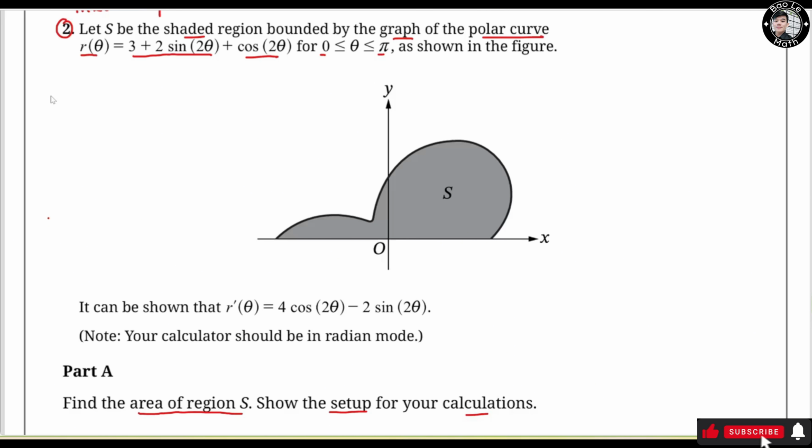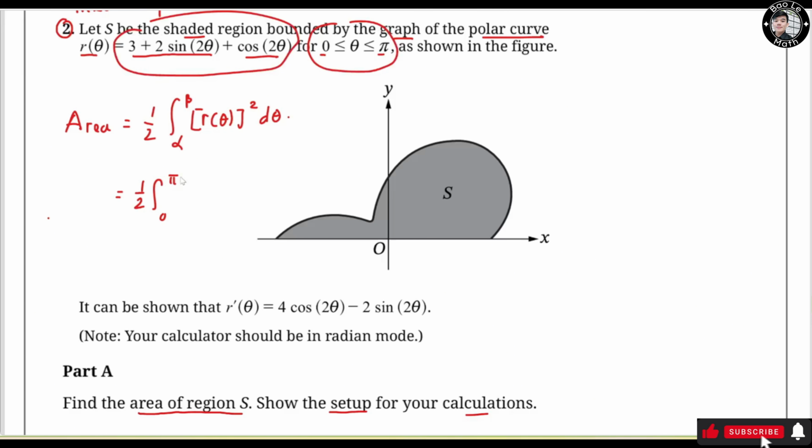Alright, so you know that the area of the region bounded by a polar curve r of theta on the interval from alpha to beta is given by the formula. So we just plug in values: 1/2 integral from 0 to pi of this r of theta, squared.